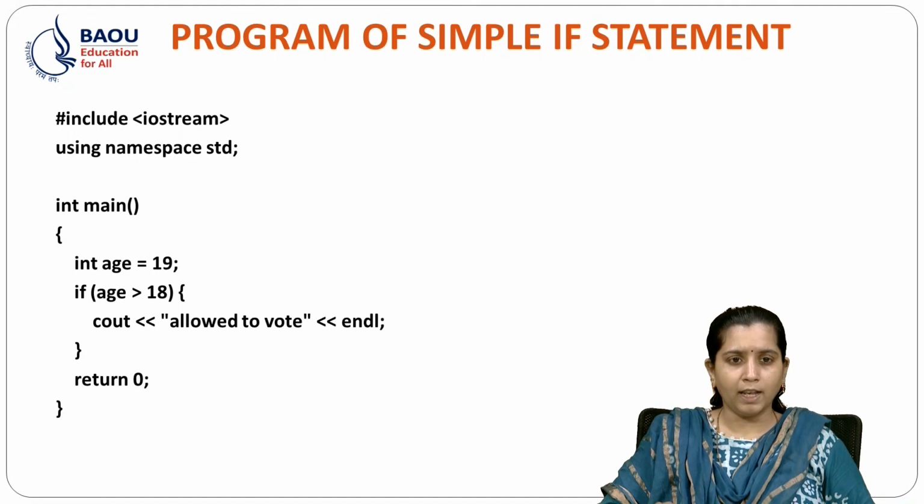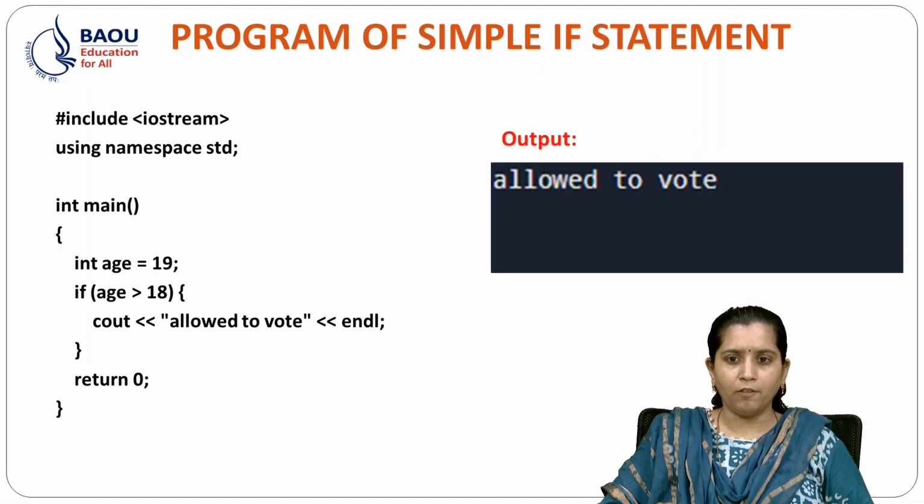So whenever I execute this program, what I will get as my output is: it is allowed to vote, because the variable age is equal to 19 and 19 is greater than 18. So it is allowed to vote will be displayed in our output whenever we run this program.